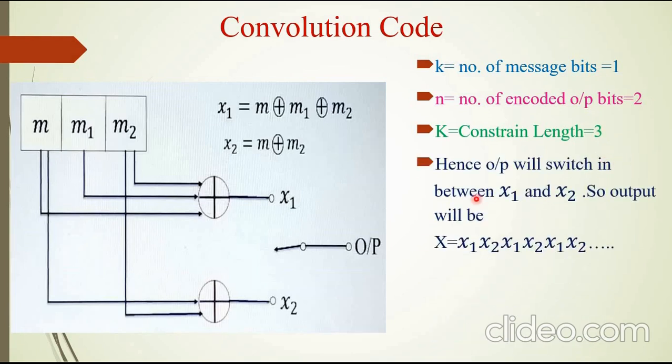As I have told you, the output is getting switched between x1 and x2. So the output stream will be x1, x2, x1, x2, x1, x2, because the output is switching between x1 and x2.